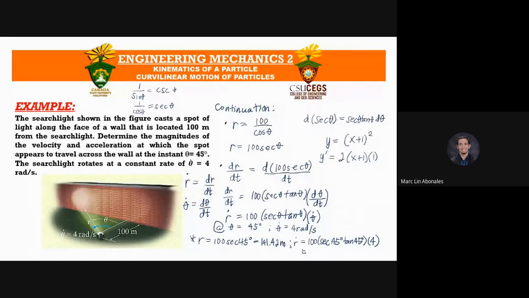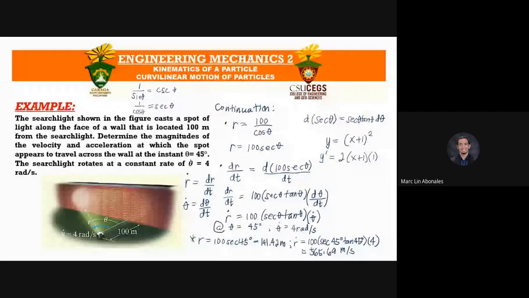What's the value of our R dot? 565.69. So, ang unit na to sa R dot is meters per second.